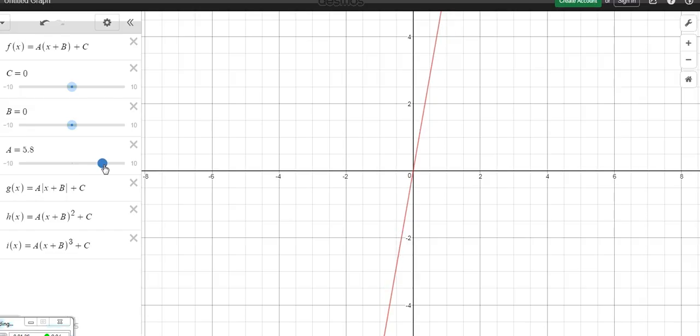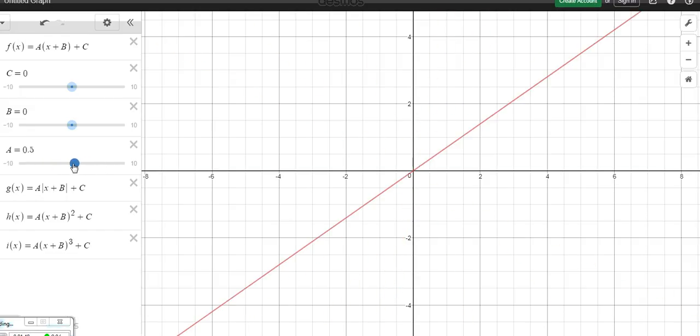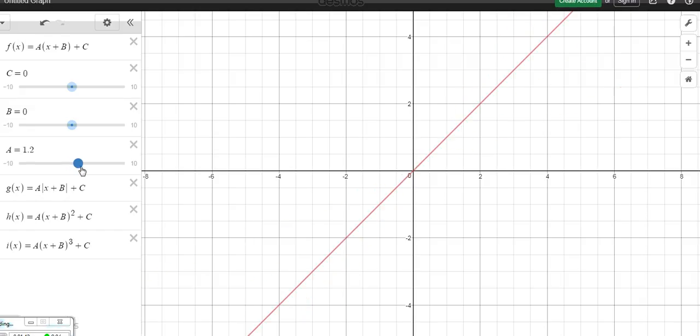That should make sense because when I play with A, I'm increasing or decreasing the slope. Here is my slope of the graph, ax, or we usually think of it as y equals mx plus b.